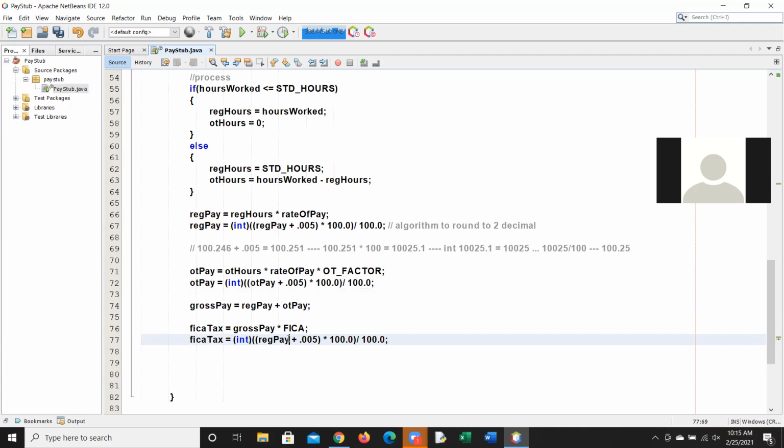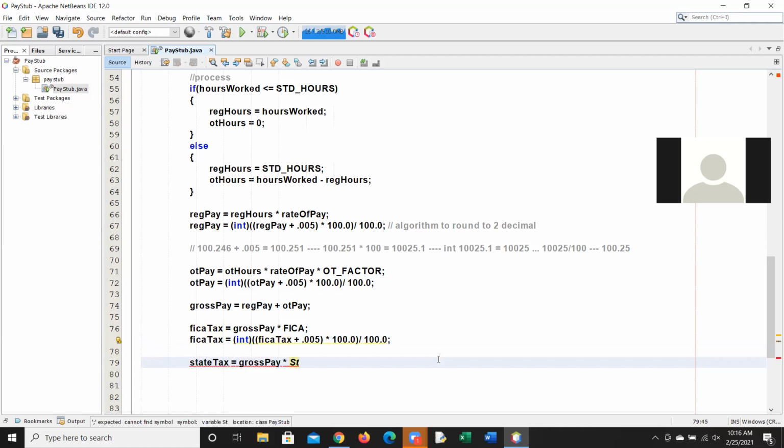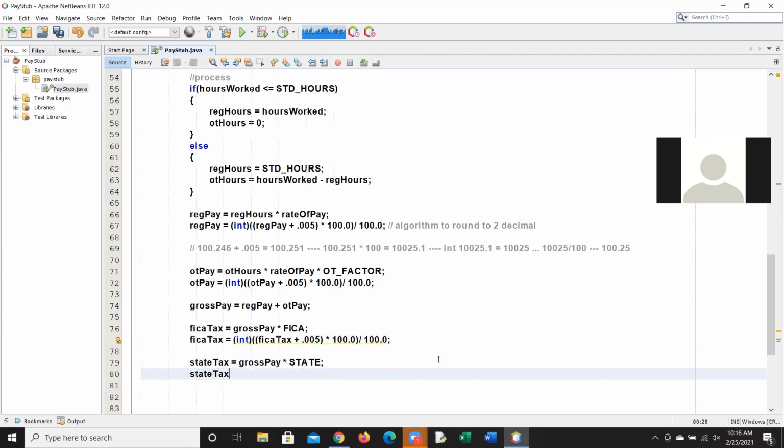And then we'll type in FICA tax. Then we'll do our state tax the same way. And then state tax will be equal to Control V again, and then state tax.